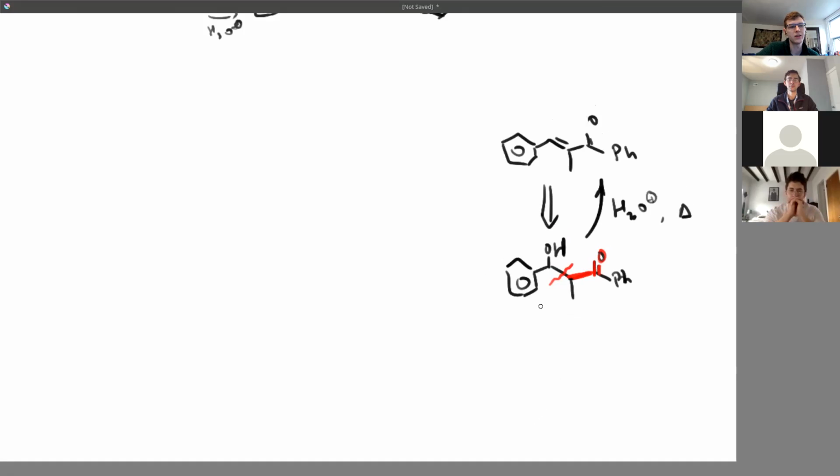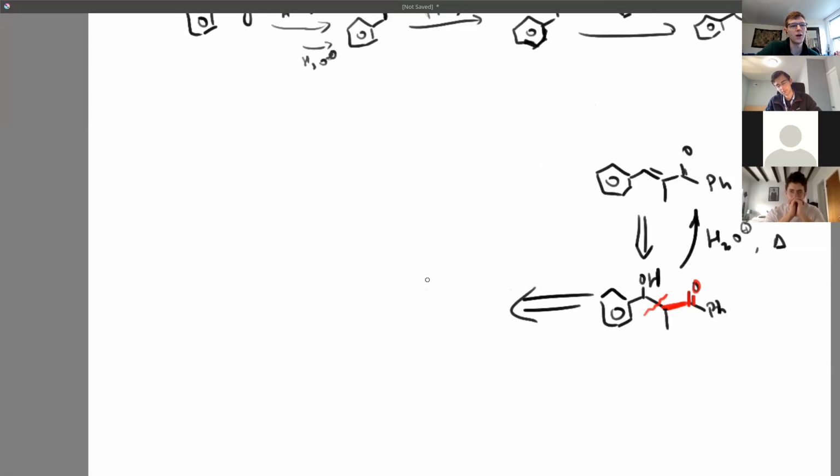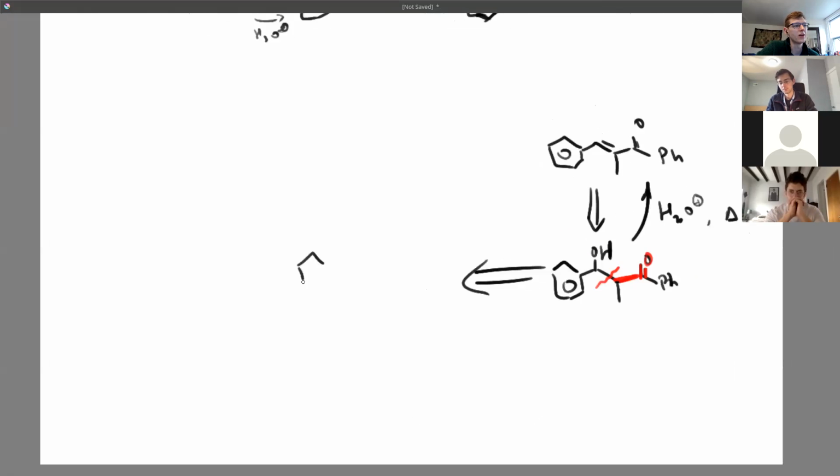This compound must have come from something that had a carbonyl here, in fact an aldehyde, because there's just a hydrogen hanging off the side here, and it came from this enolate.